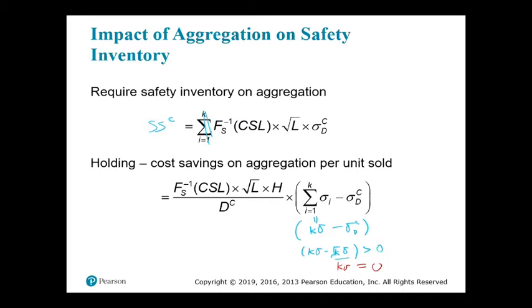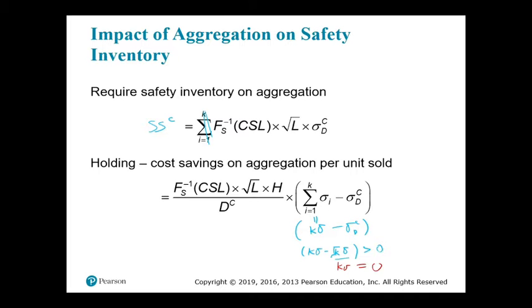Okay, so can you explain intuitively why aggregation would reduce safety inventory in most cases? For one store, if there is more demand, and for the other store the demand is less, it nullifies the effect. It cancels out the effect. Right. So basically the uncertainties between different regions would cancel out. But this cancellation disappears if all the demands are perfectly correlated.